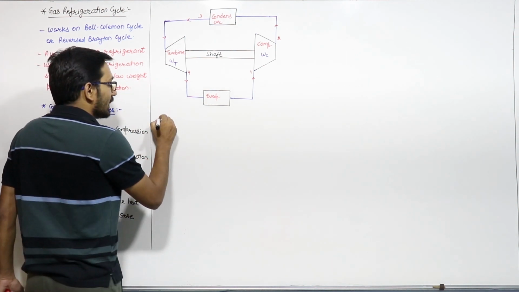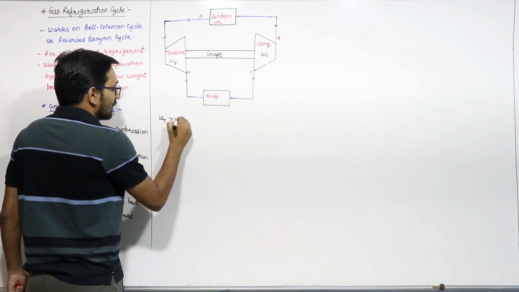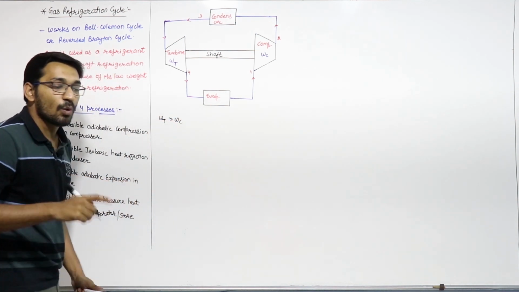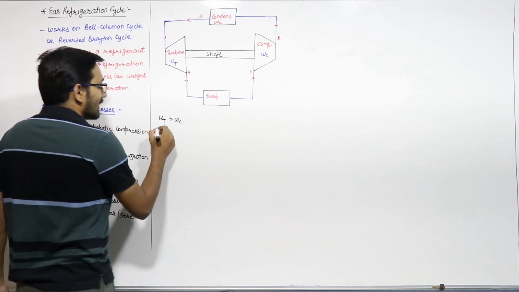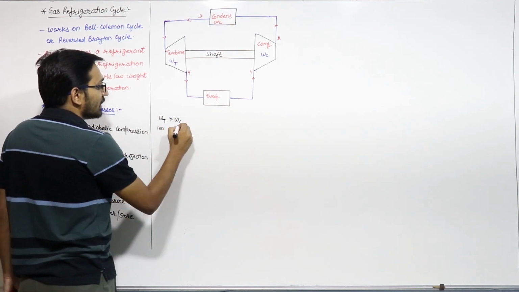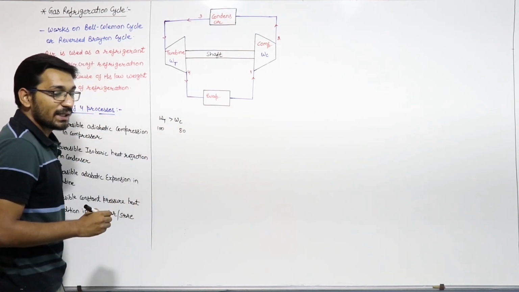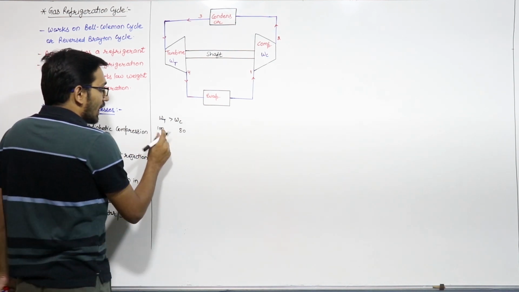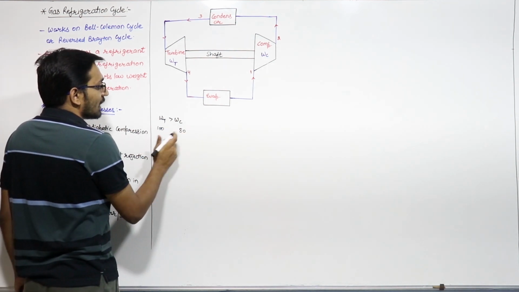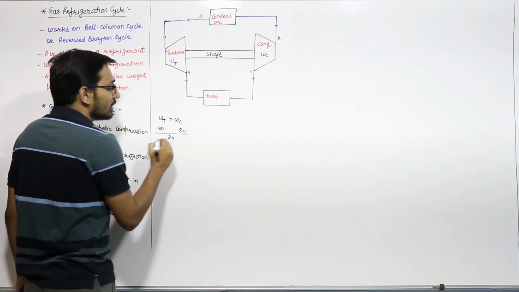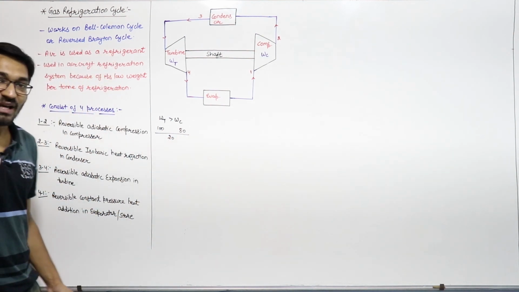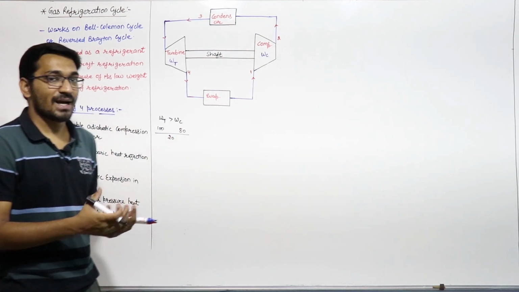Suppose turbine is producing 100 units and compressor requires only 80 units. So out of this 100 we can give 80 to the compressor, and the remaining 20 units is the work available to us. This is the work done by the system.